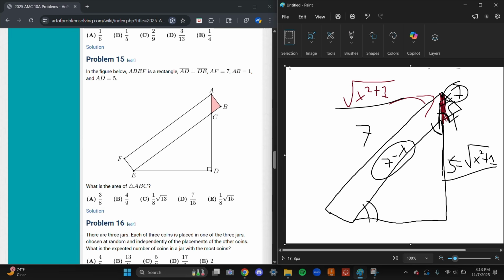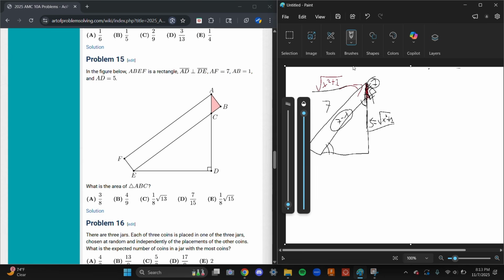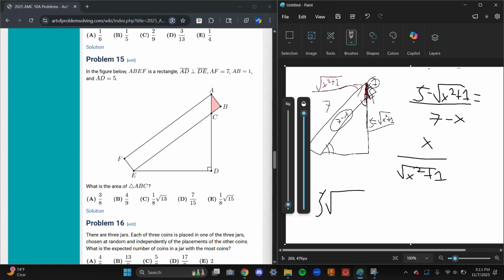So really simple quadratic here to just set up. So let's do that now. From these two equal angles here, we have, by similarity ratios, 5 minus the square root of x squared plus 1 over 7 minus x is going to be equal to, what was it? Sorry, it was x over the square root of x squared plus 1. And then we just cross multiply. 5 square root x squared plus 1 minus x squared minus 1 is equal to 7x minus x squared.